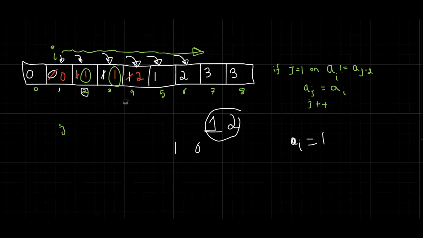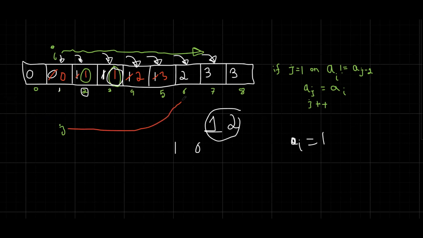So as we put 2 here, we have to upgrade our j pointer into this element. Now our current I is pointing to this element 3, which is not equal to the j minus 2 element, which is 1. So we can put 3 here and upgrade our j pointer.